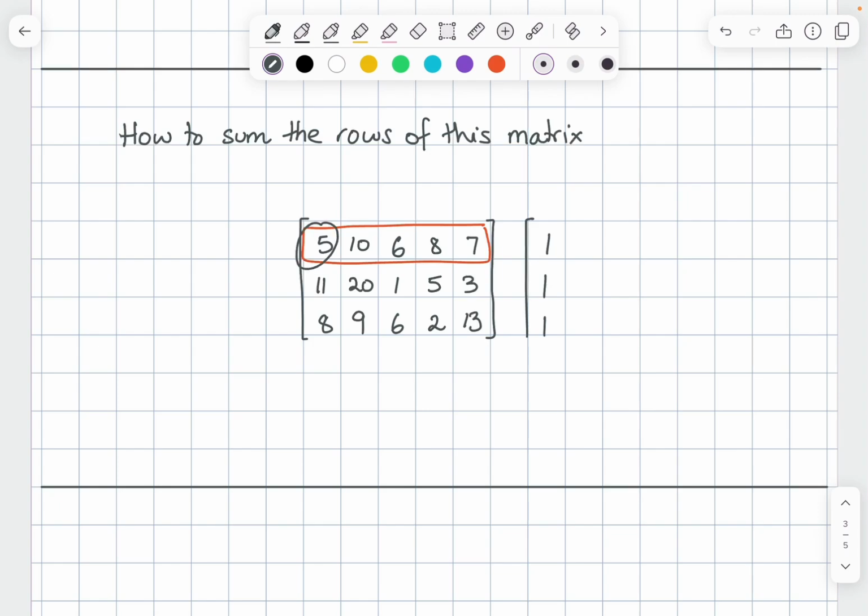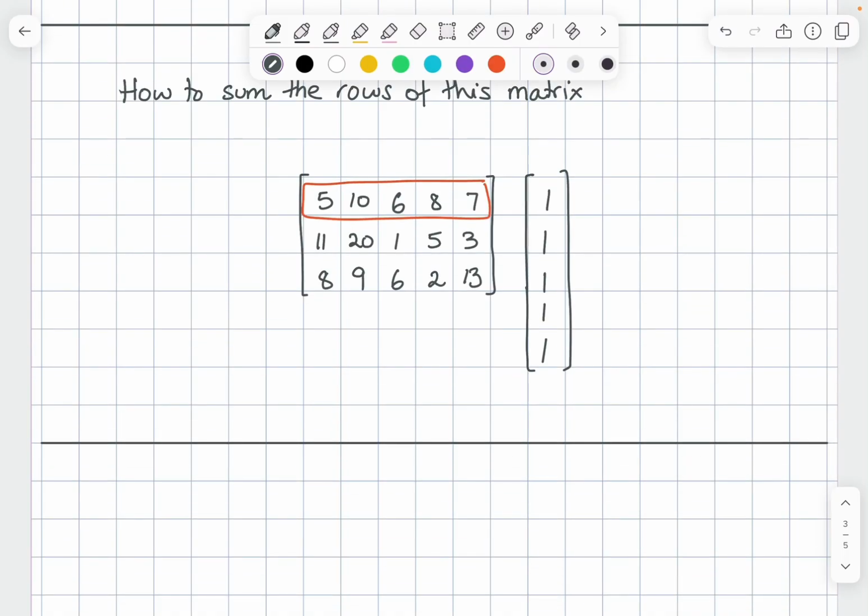Well, I need to have it match the number in this row. So I've got 5 there, so I need 5 ones. And it needs to be post-multiplied. And you can always just check, does that work? 3 by 5, multiplying a 5 by 1, my answer will be a 3 by 1. So each row will be the sum of the row of my original matrix.